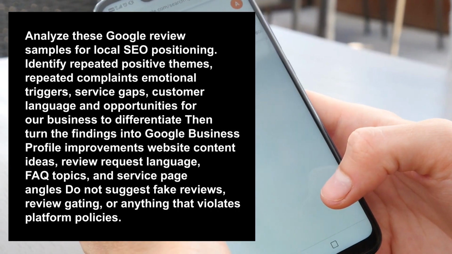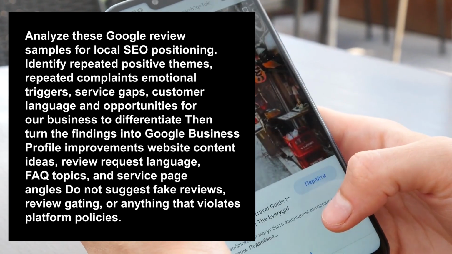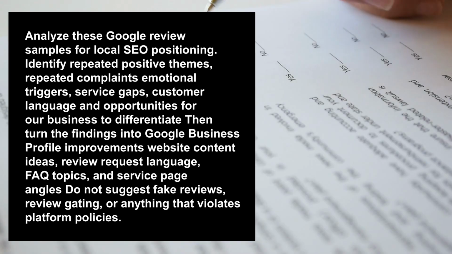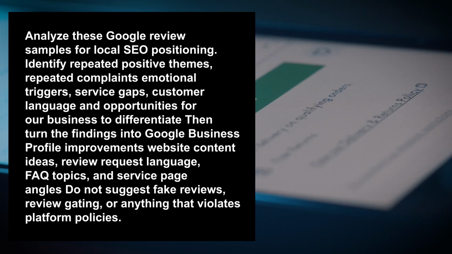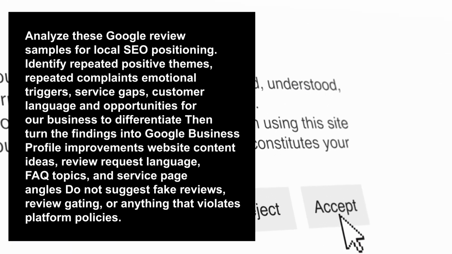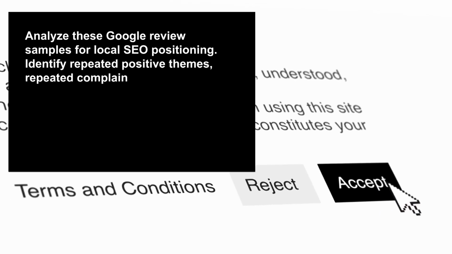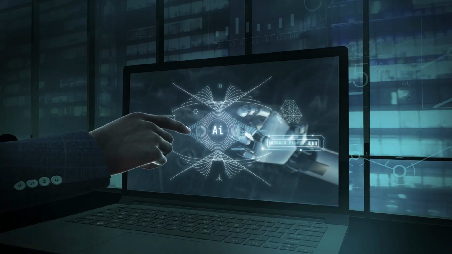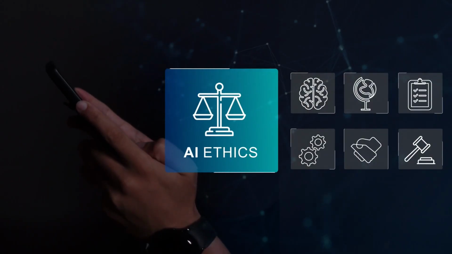Then, turn the findings into Google Business Profile improvements, website content ideas, review request language, FAQ topics, and service page angles. Do not suggest fake reviews, review gating, or anything that violates platform policies. That last sentence is important. AI will sometimes try to be helpful in ways that make your lawyer develop a twitch, so set the boundaries.